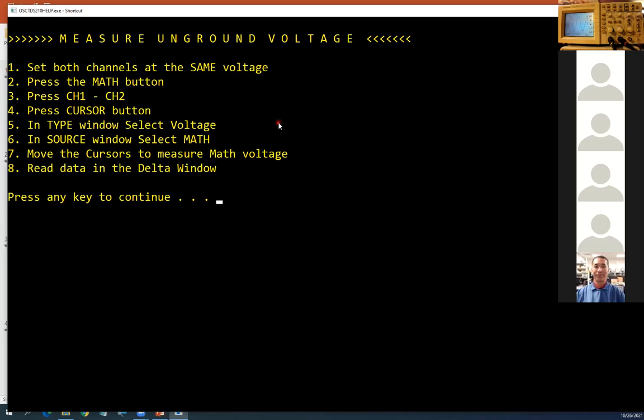Then you press the cursor button. In the type window, select voltage. In the source window, select math. Move the cursor to measure the math voltage. Then you read data in the delta window.